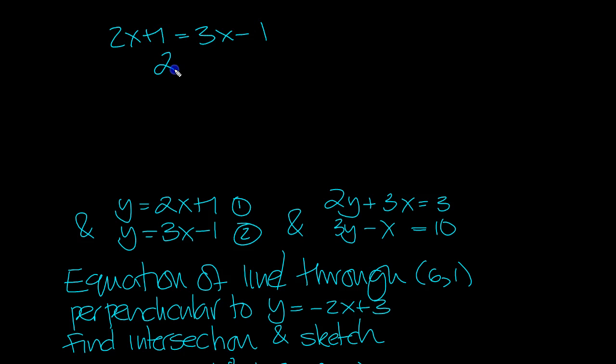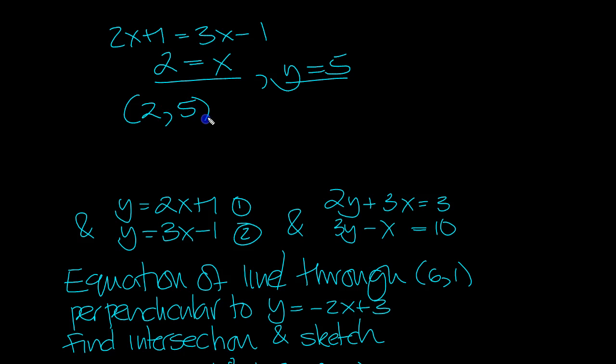Move the 1 over there to be 2. Move the 2x over here to be minus 2x, and just gives x equals 2. And when x equals 2, y is equal to 2 2s are 4 plus 1 is 5. And 3 2s are 6 minus 1 is 5, so yeah, everything's fine. And the intersection point, coordinate-wise, is 2, 5.